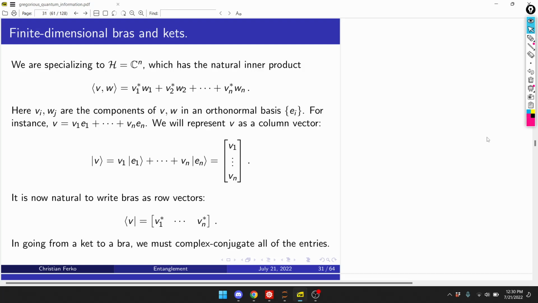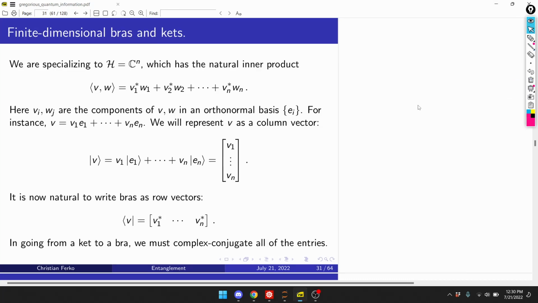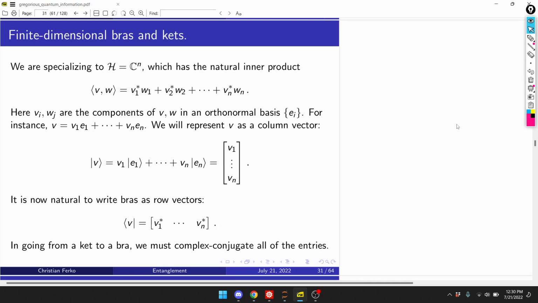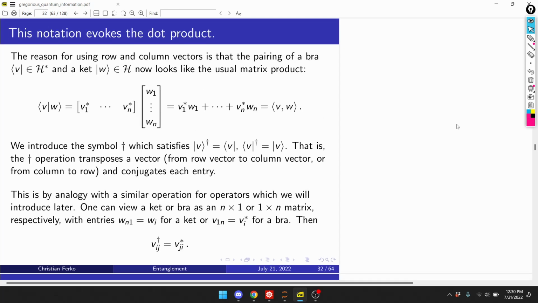So you might be asking, why do you choose to write your kets as tall column vectors and your bras as long row vectors? The answer is that this makes it very easy to remember how the inner product works. If we choose this notation where a bra is a row vector and a ket is a column vector, then a bra-ket pairing is just the usual matrix product.